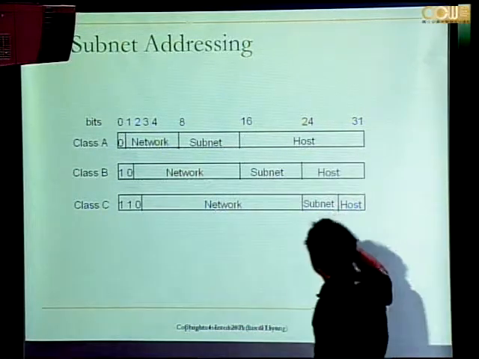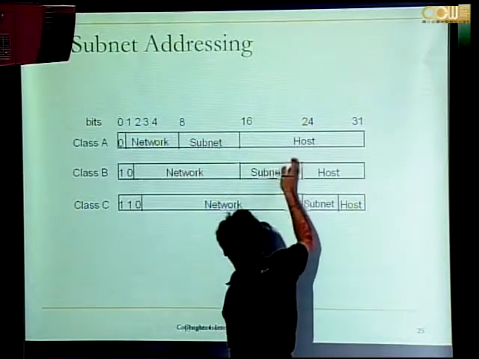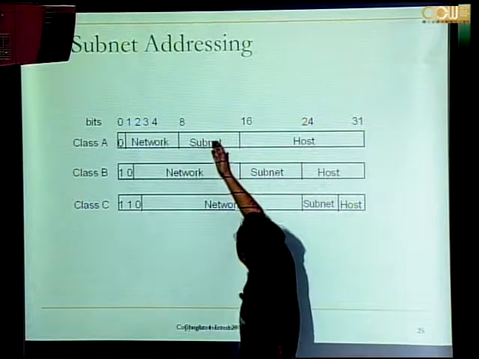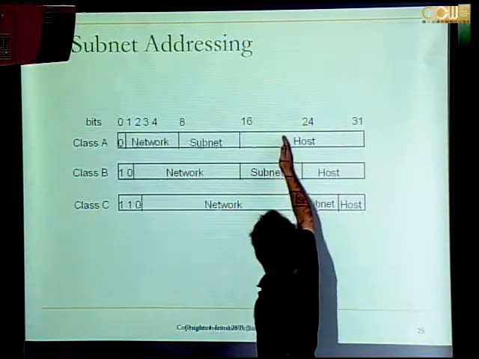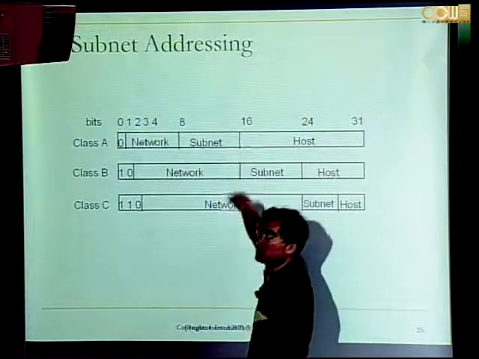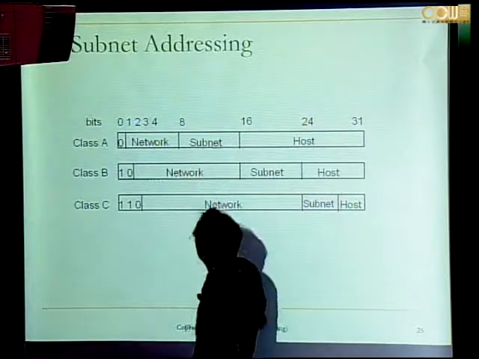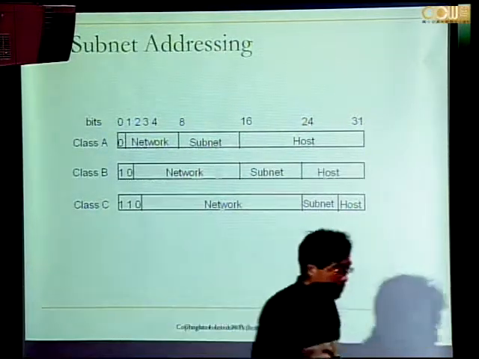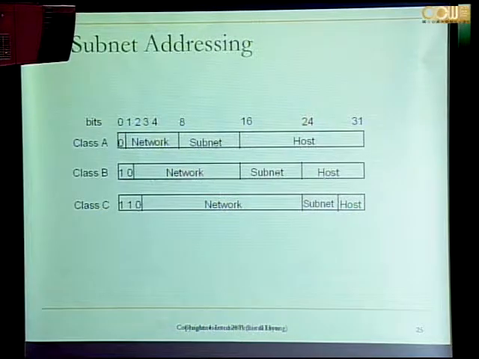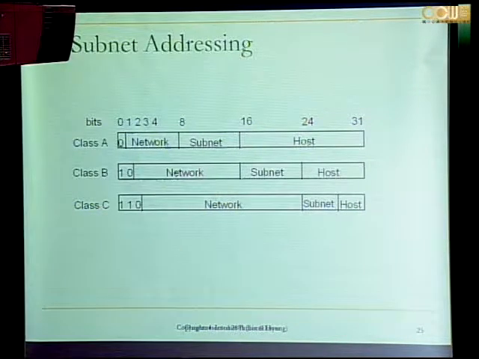This is just one example of how you can divide it into different subnets. But if I need more subnets, then I can use more bits for the subnet. If I need to divide it into fewer subnets, then I can use fewer bits to represent the subnet number. So the boundary can be adjusted. I mean, the number of bits you use for subnet and host can be adjusted.